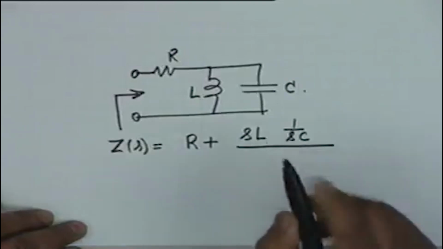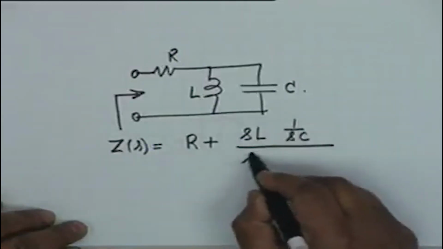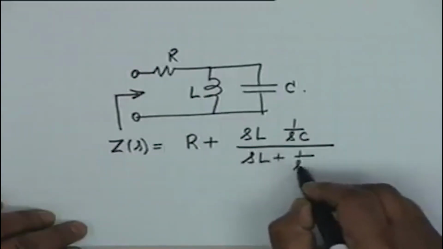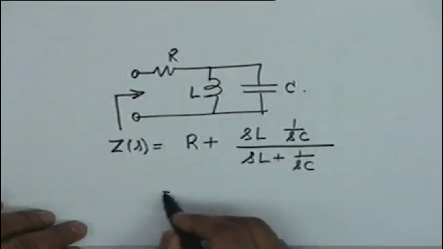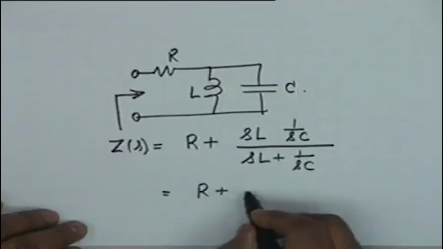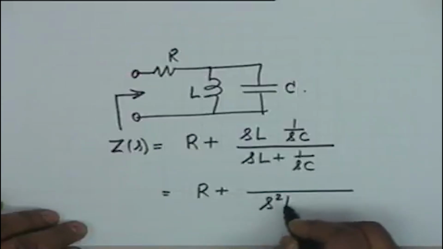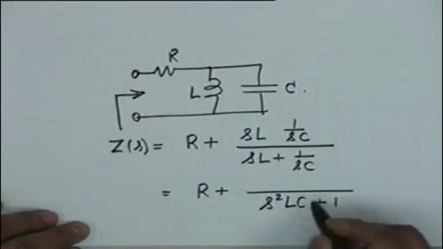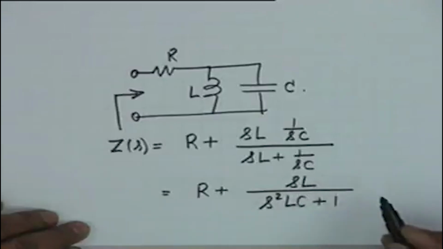Combination rules are exactly those of resistances, sL plus 1 over sC, which I can simplify as R plus s squared LC plus 1, and here I shall have simply sL.